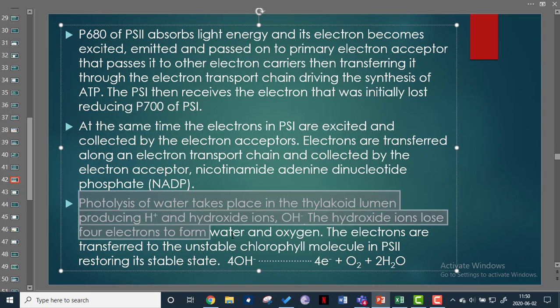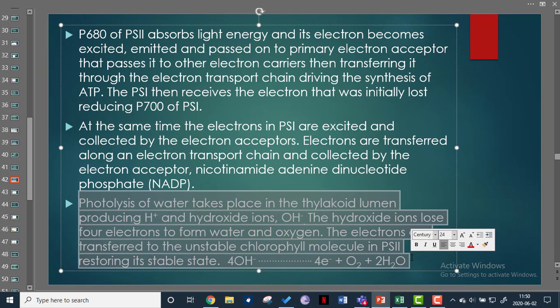This thing is like a cycle or a circle, whereby we cannot say exactly where the reaction starts from, because these things occur simultaneously, that is, at the same time. Now, the photolysis of water takes place in the thylakoid lumen, producing hydrogen ions and hydroxide ions.